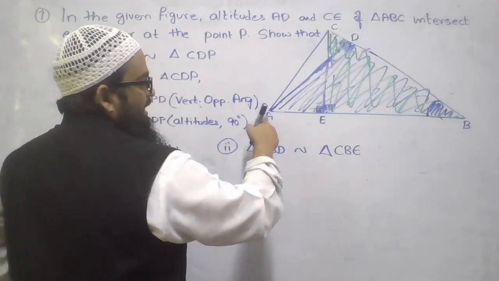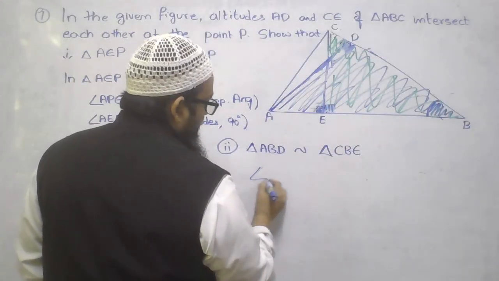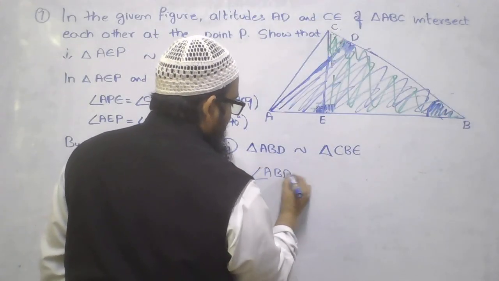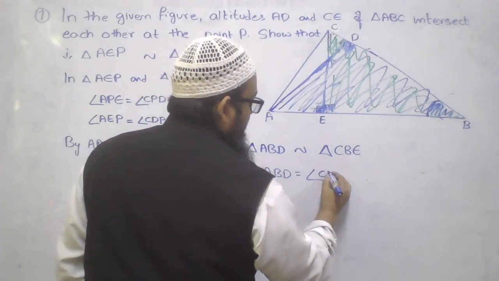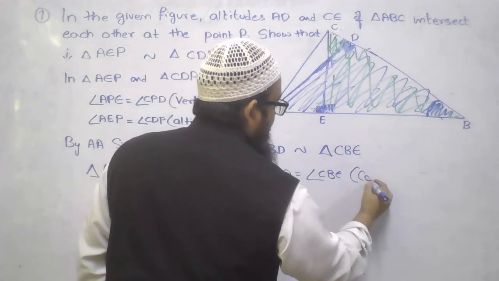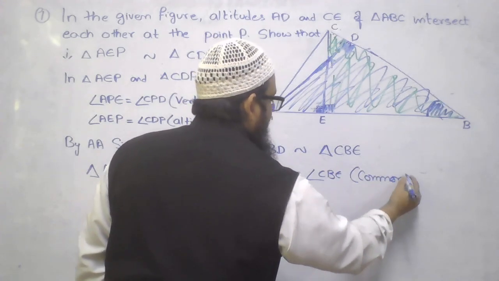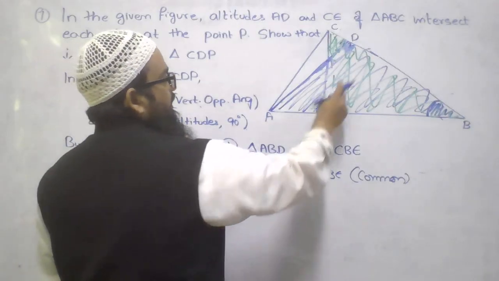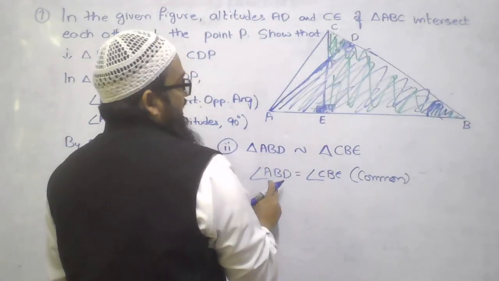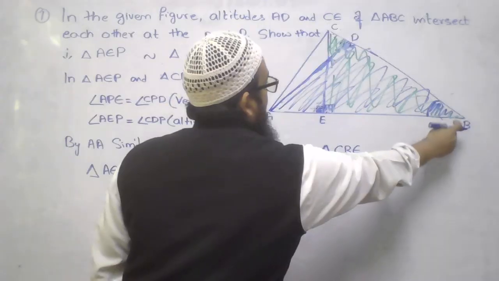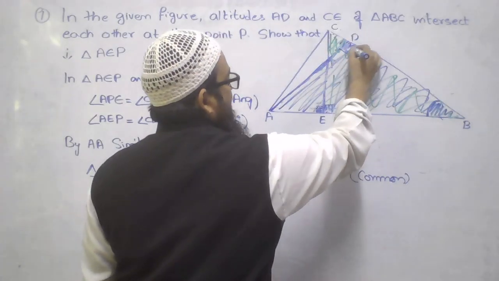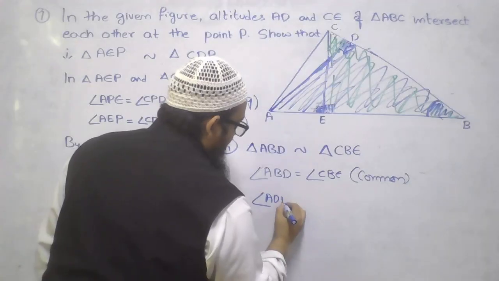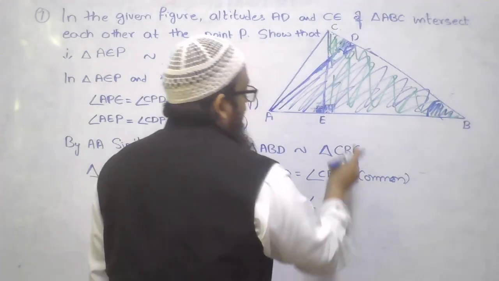So in triangle ABD, what is the angle which is common first? Angle B. Angle ABD is equal to angle CBE. What is the reason? Common. After that, what is the other angle? It is 90 degrees. In triangle ABD, you have this angle, angle ADB is equal to angle CEB.